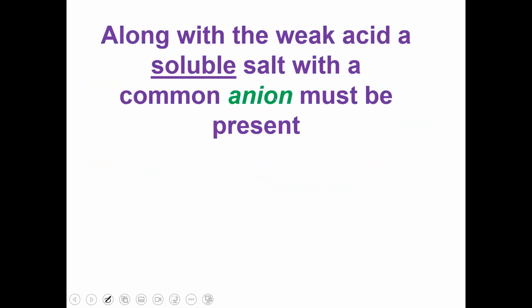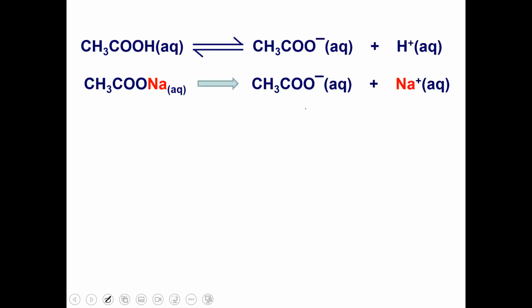Along with the weak acid, a soluble salt with a common anion must be present. So we make our first buffer, acetic acid, a weak acid, which partially dissociates into CH3COO minus and H plus. Then we have a soluble salt, sodium acetate, for example.